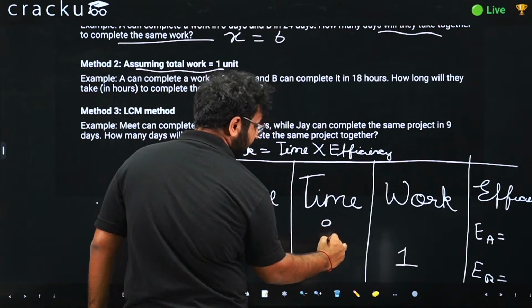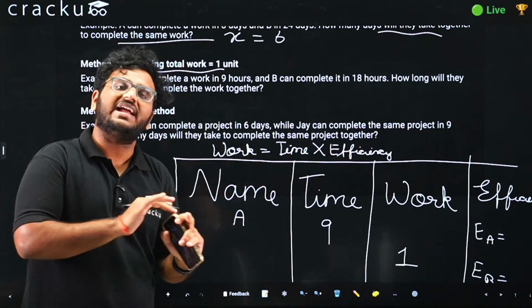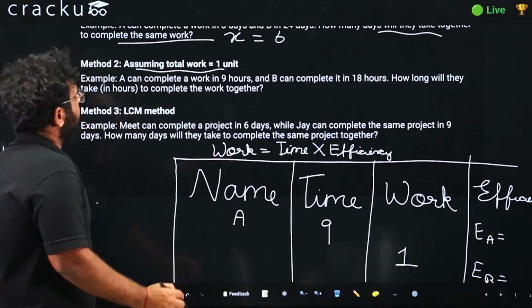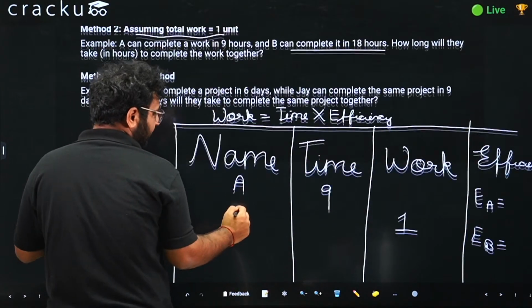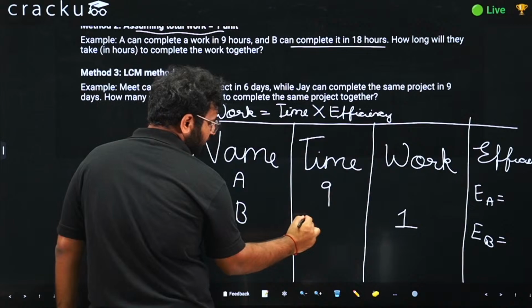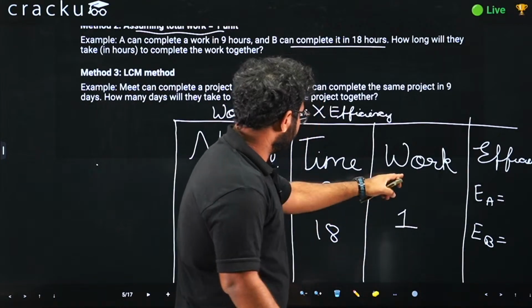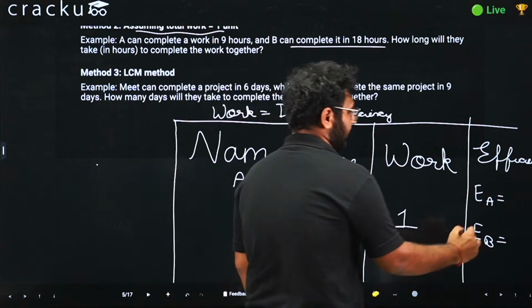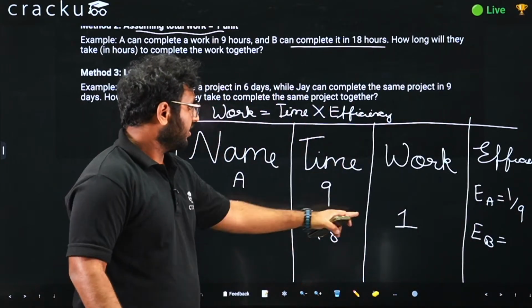See, I am using the same table: name, time, work and efficiency, and I will solve any question based on this table. B can complete it in 18 hours. Efficiency of A would be work upon time, which is 1 by 9. Efficiency of B would be 1 by 18.